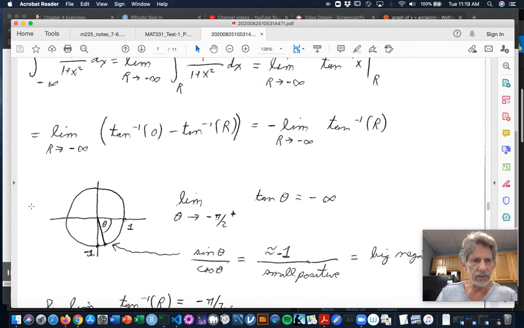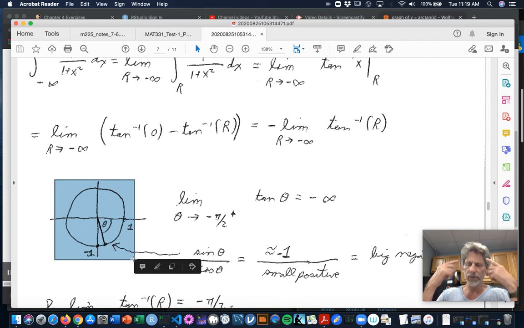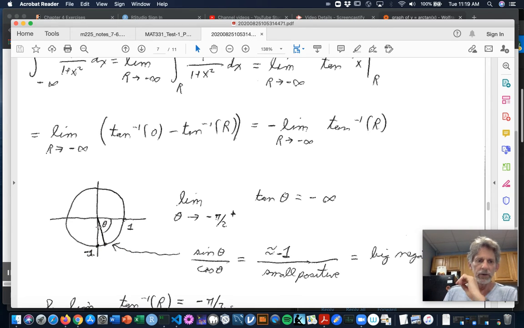So now when I think about the unit circle, I want to look for angles between minus pi over 2 and pi over 2 that deliver big negative tangents. And those would be angles that are pretty close down to minus pi over 2. So this angle from the positive x-axis down to this ray that I'm showing you is a negative angle pretty close to negative pi over 2.